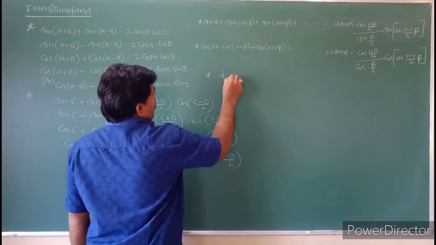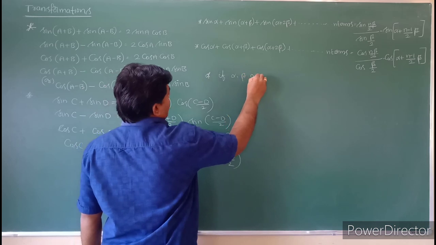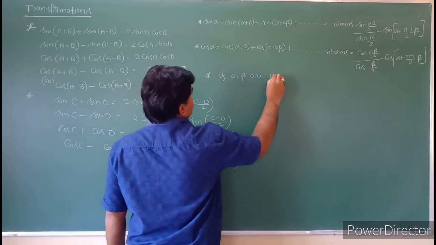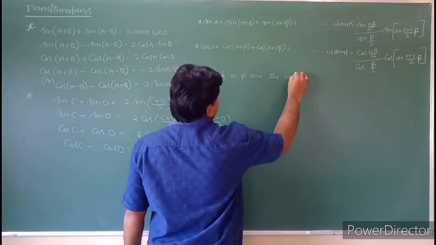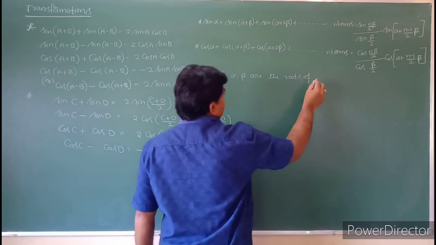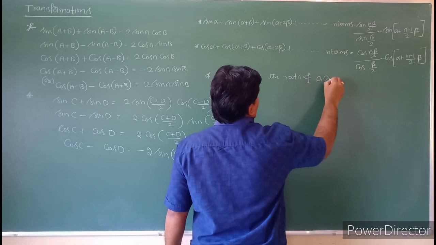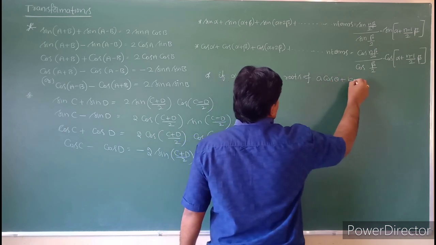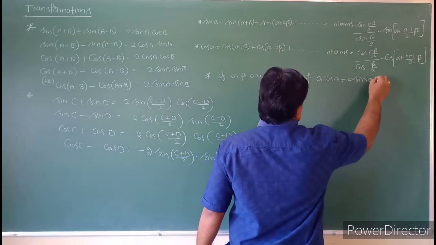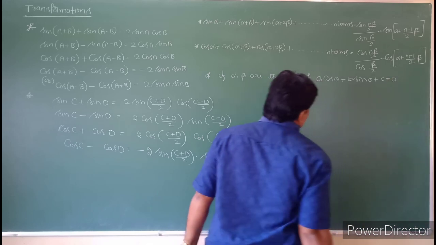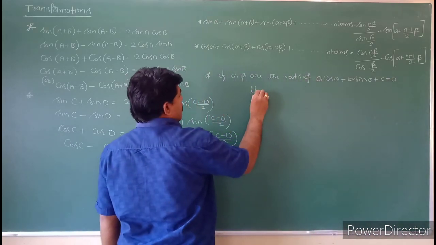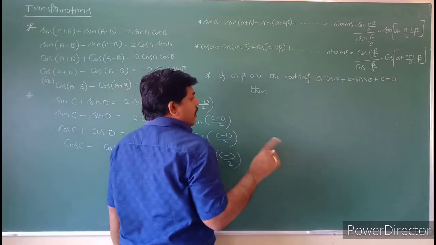If alpha, beta are the roots of a cos theta plus b sin theta plus c is equal to 0, then already you know the formulas.